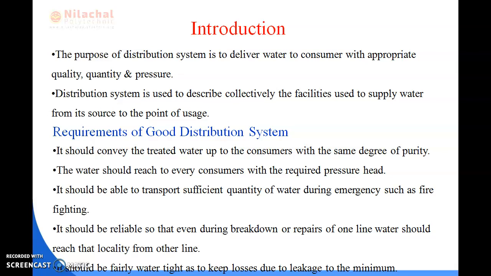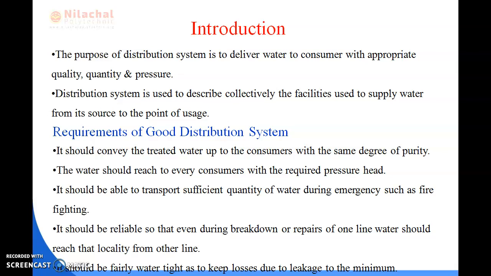We also use water during firefighting situations, so we have to transport that amount of water during firefighting. And if any breakage or repair has been done in one line, then the water should reach the locality from the other line. It should be fairly watertight so as to keep the losses due to leakage to the minimum.